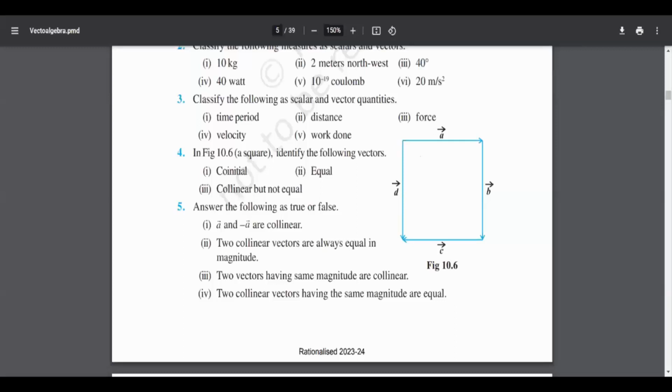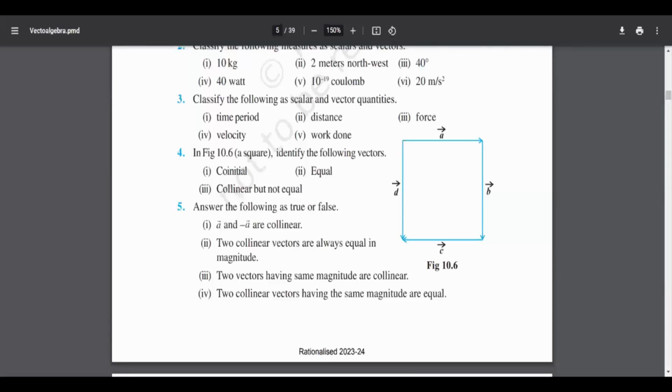So you can observe vectors B and D have the same direction and same magnitude. Collinear but not equal means antiparallel vectors, which are A and C. Vectors A and C have parallel support, but they are in opposite directions, so they are not equal. The direction is not the same, but the magnitude is the same.